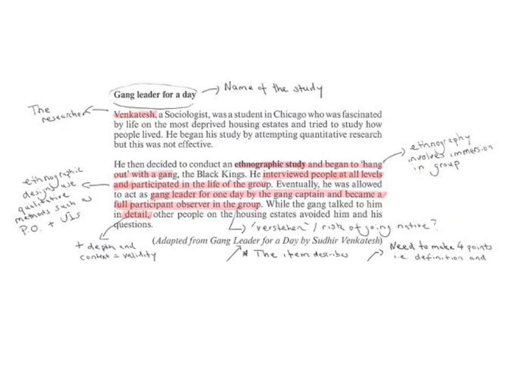And in the last sentence we can see that this ethnographic research involved the participants talking in detail to the researcher. So the kind of depth, detail and context that you get from ethnographic research could be linked to the concept of validity.